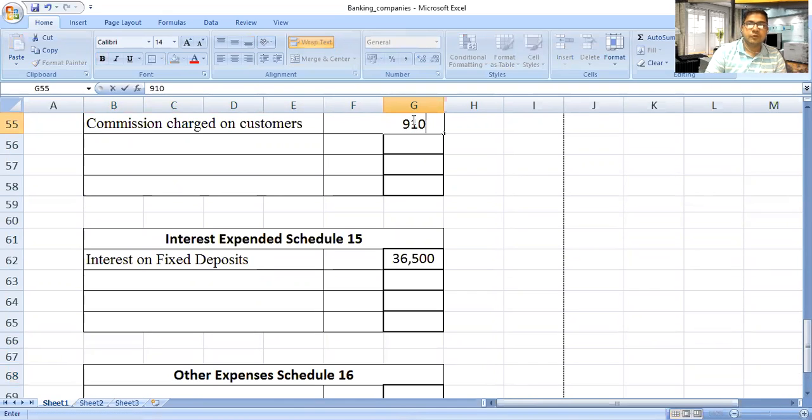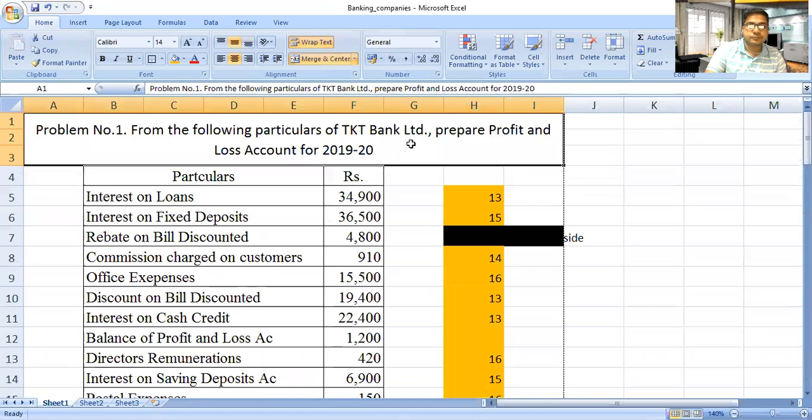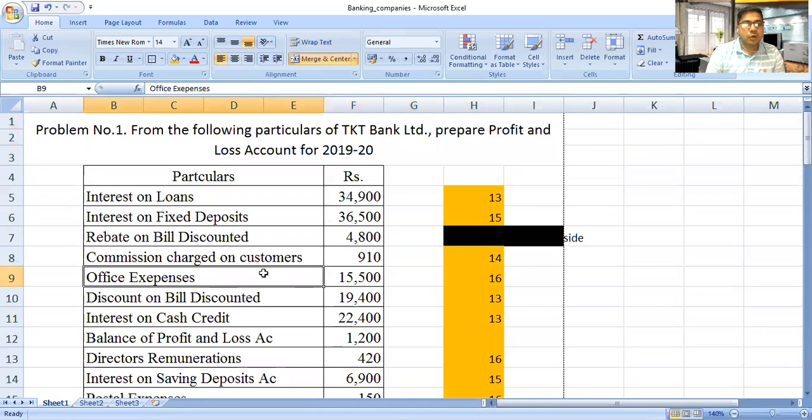Now friends, next item, office expenses. Office expenses 15,500. It is the operating expenses.